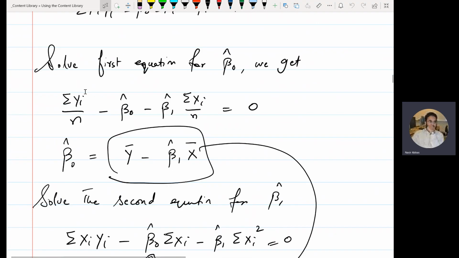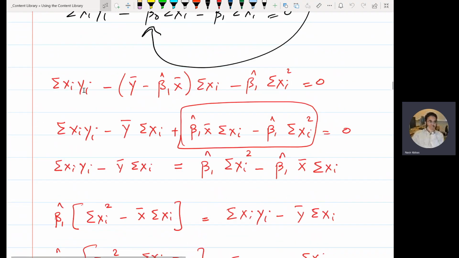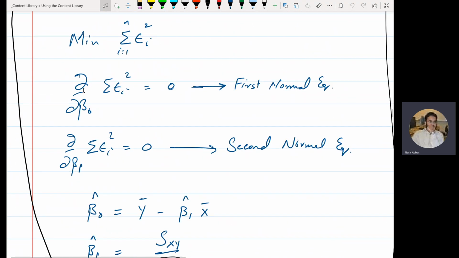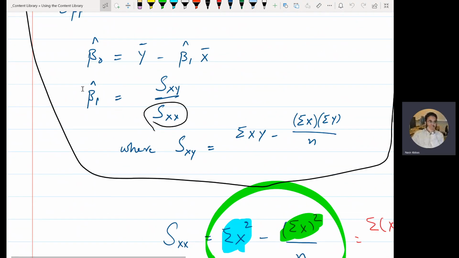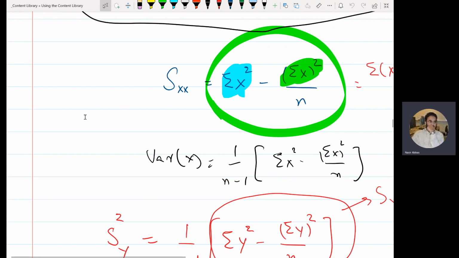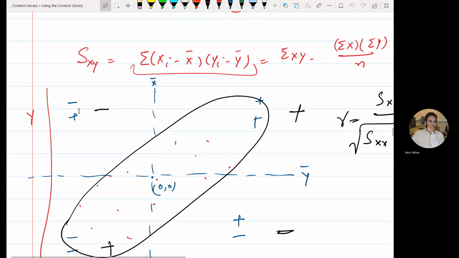We solved these equations simultaneously, and we got these formulas of beta naught hat and beta 1 hat. Then we took these formulas to Microsoft Excel in one of the classes, and we implemented them on a real data set. We estimated the line, but again, only the point estimate.